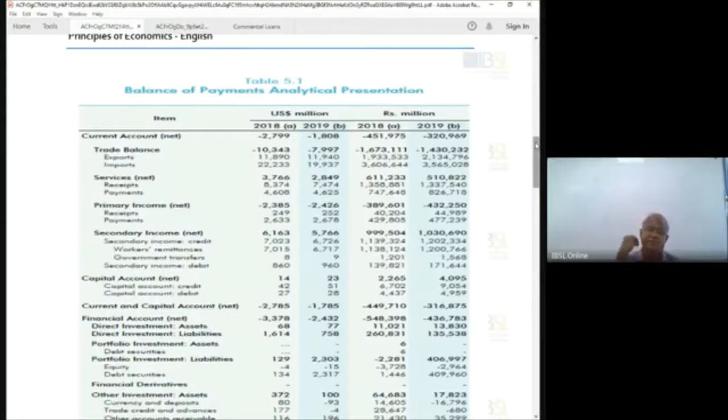Now they are using version 6 of the BOP standards. It's a booklet where they give all these accounts and how to classify a given transaction, whether it goes to the trade account, the primary account or the financial account.